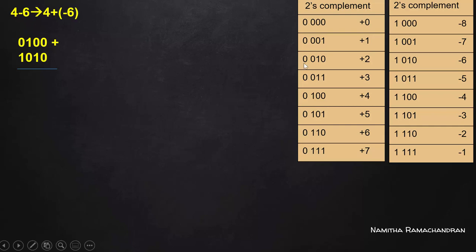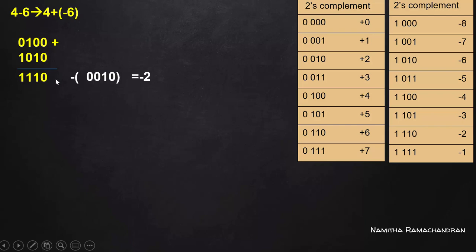From this table, 4 is 0100, and minus 6 is the 2's complement of 6, that is 1010. Now we add them: positive 4, 0100, with minus 6, 1010, in 2's complement form. After addition, the sum is 1110. Here we have no carry.